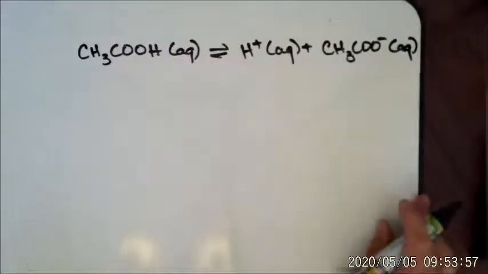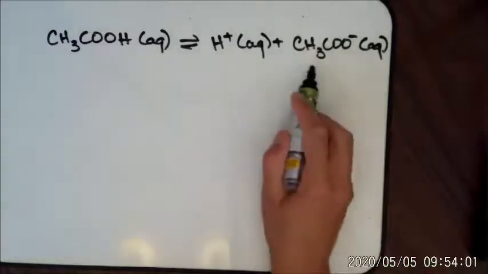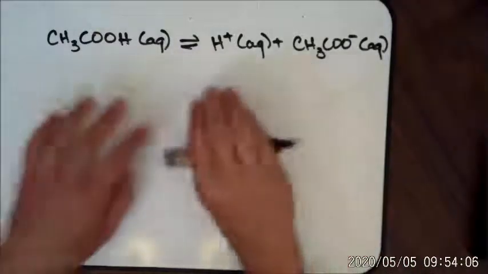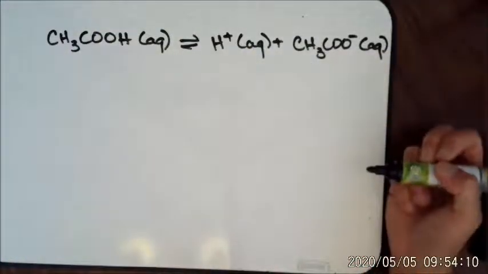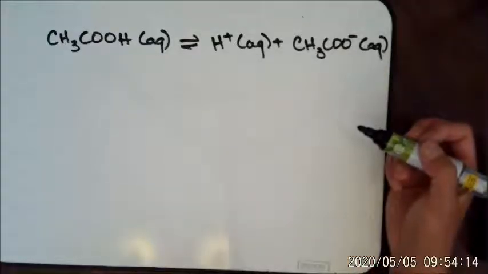The question is, if I'm not at equilibrium, did I add a bunch of this and it's going to go to the left? Do I have a bunch of that and it's going to go to the right? Do I have a mix of all of it, and which way is it going to go? We don't know. We're not at equilibrium, and I haven't told you what I have initially.